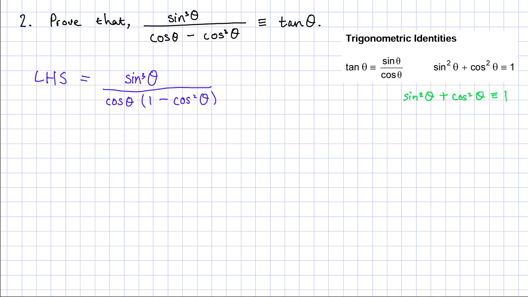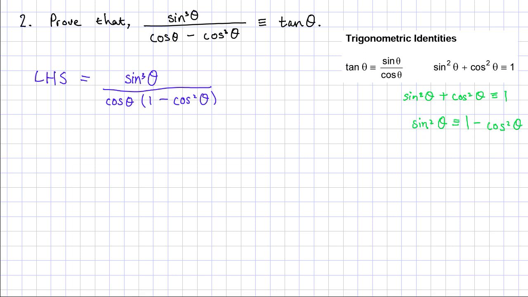Now if I minus cos squared theta from both sides, I'm going to be left with sine squared theta is exactly 1 minus cos squared theta. Okay, so this is what I actually have here. So I can see that 1 minus cos squared theta is exactly sine squared theta. So I can actually substitute sine squared theta into here, and then that will simplify with that. So let's do that now.